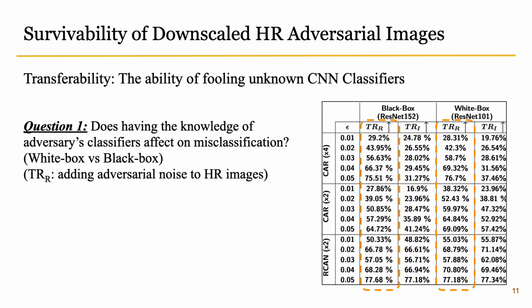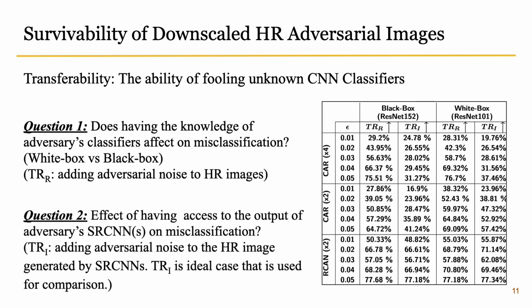The other question that we wanted to answer is, if the user hypothetically has access to the output of SRCNNs and adds the adversarial noise learned on the original high-resolution images to the output of SRCNNs, does the transferability improve or not? Our experiments show that the noise generated by SRCNNs might reduce the impact of adversarial noise.